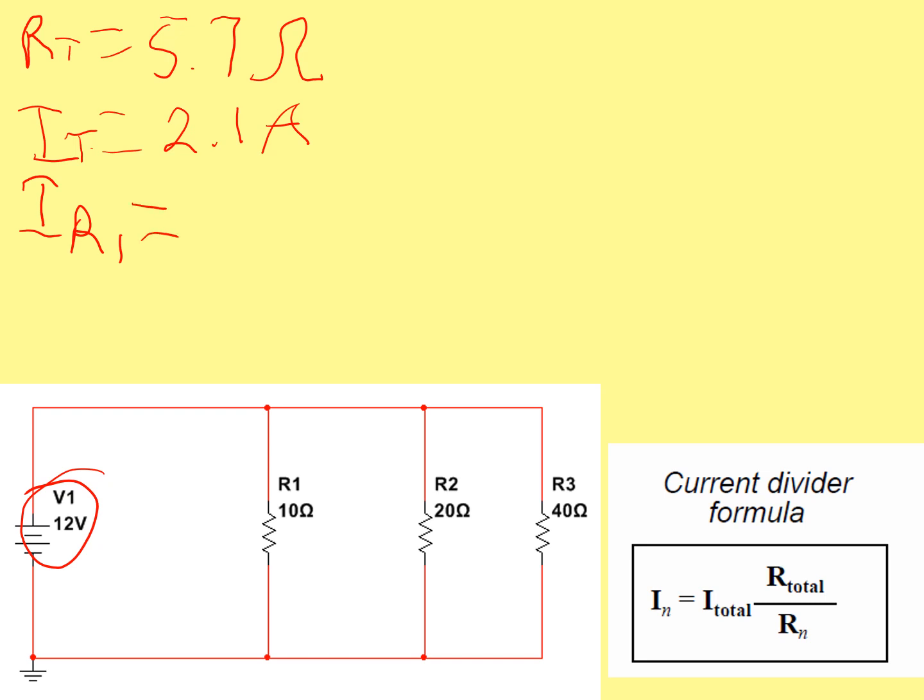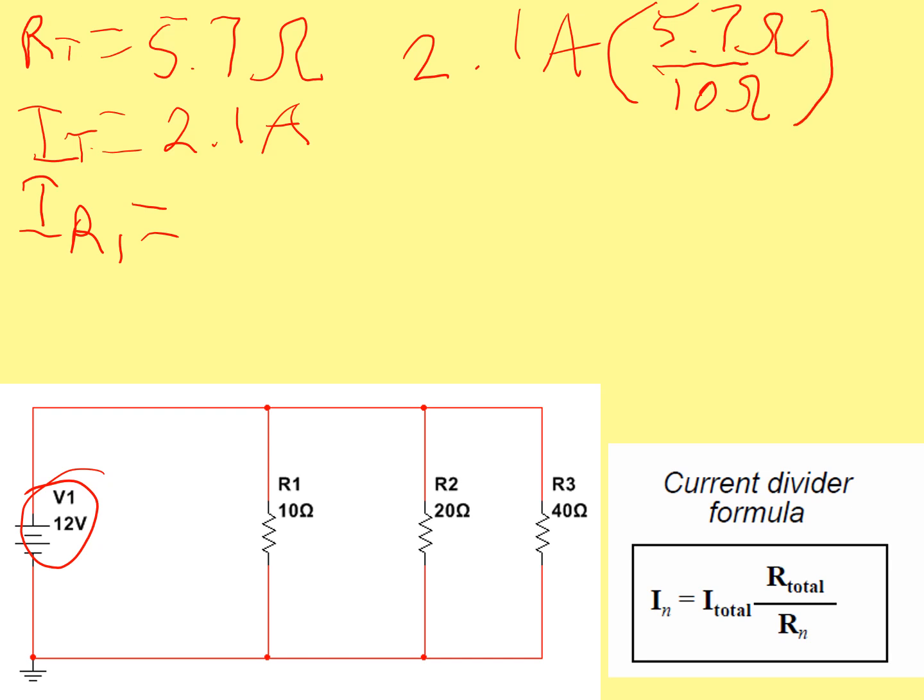So for that, you do the 2.1 amps times 5.7, the total resistance on top, divided by 10 ohms. Haven't calculated that one yet, so just bear with me for a second. So we got 1.2 amps.